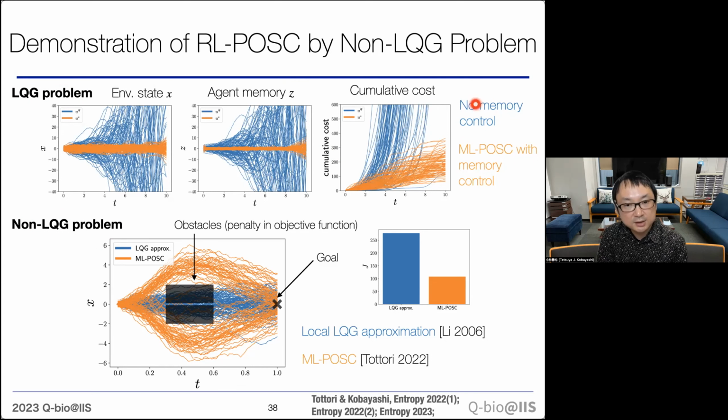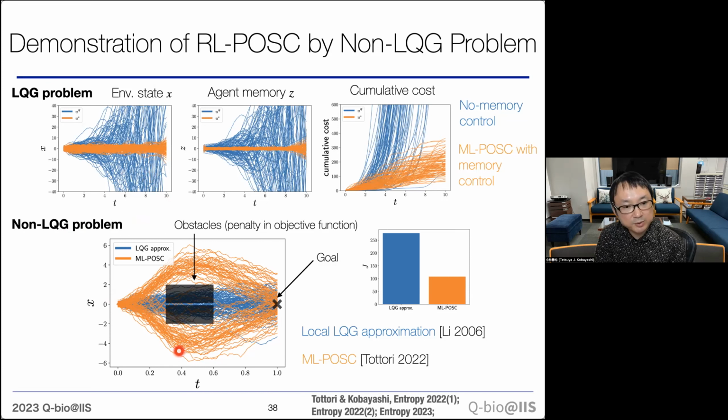In this case, the controlled state is very unstable. The blue one is unstable, but by considering the optimization of the memory of the agent, the control is stabilized. We should also mention that from our formulation, we can rederive the Kalman filter equation and the associated linear control result, meaning that our formulation is very much consistent in that respect.